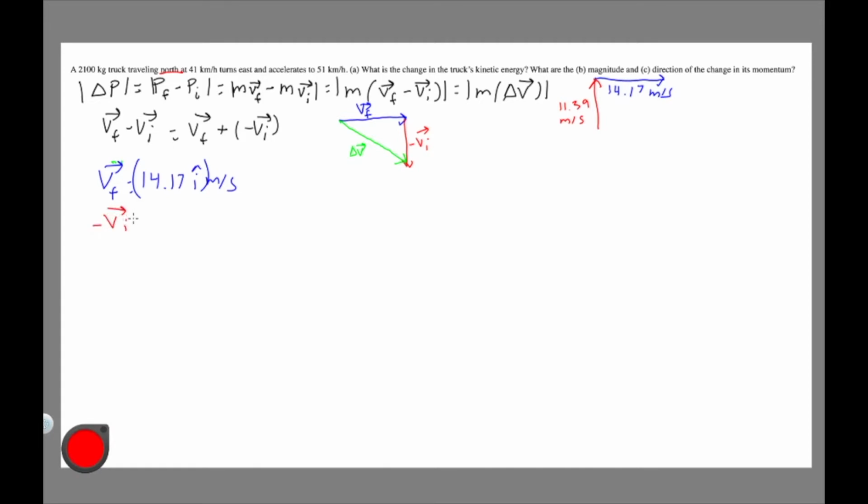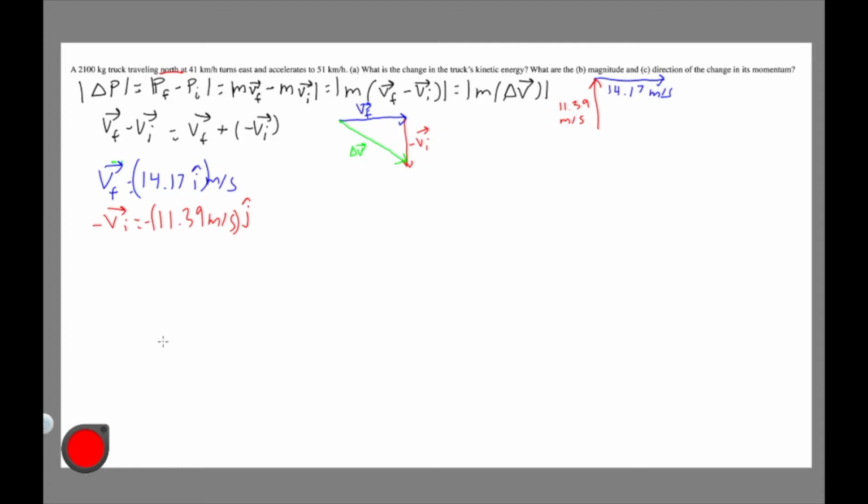And let's do the same for negative VI as well. So negative VI is equal to negative 11.39 meters per second j hat.